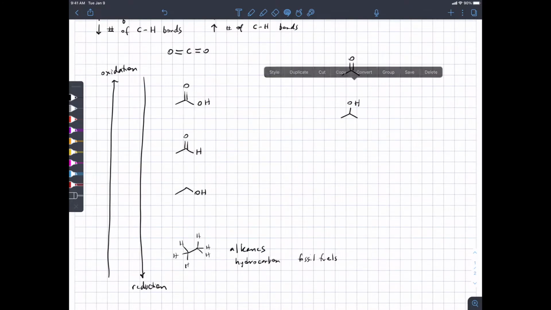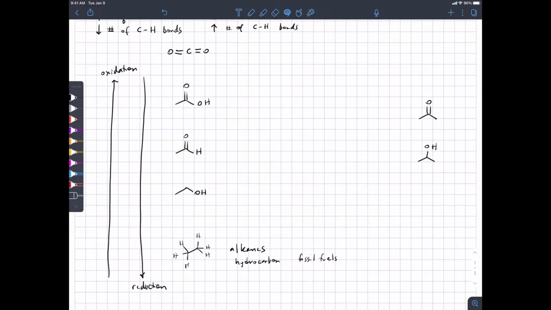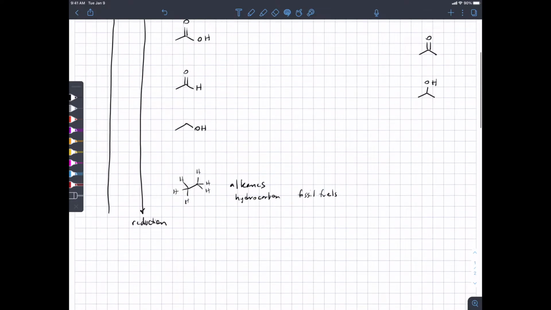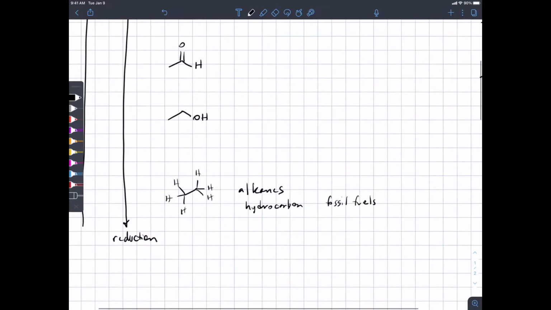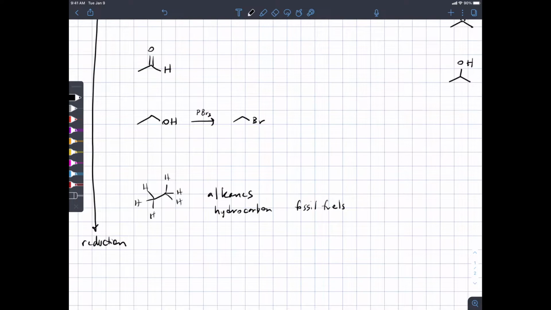Yeah, ketone, right? So within each oxidation state, you can do a lot of chemistry to interconvert things, right? So I have a lot of easy reactions like PBr3 or whatever. I can turn this into the alkyl halide or the chloride or the tosylate.